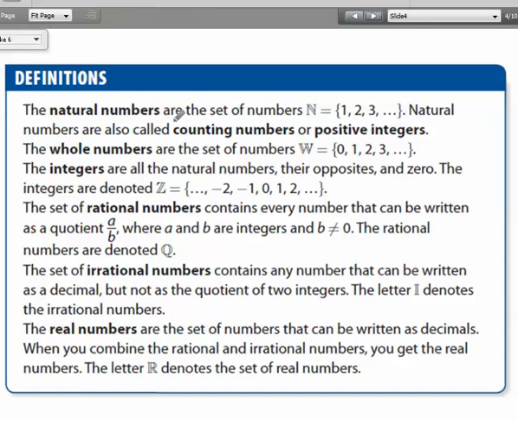Remember that natural numbers are also called counting numbers. And this is why you don't have 0.13 of a child. Okay? Whole numbers have the 0. Integers add in the negative and the positives. Rational numbers can be written as a fraction. Oh, except not factor, fraction.